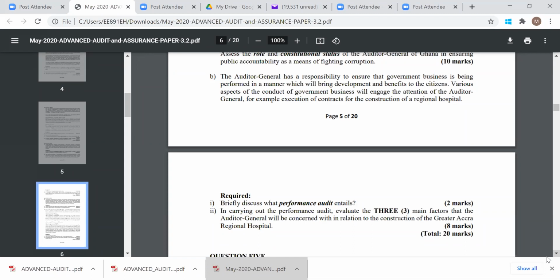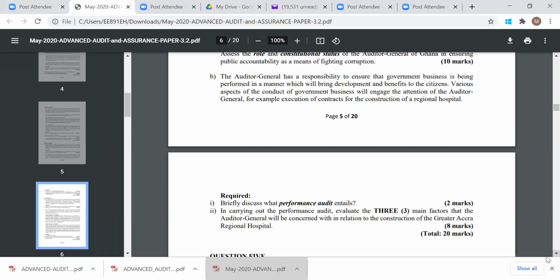Required: A. Briefly discuss what performance audit entails. B. In carrying out the performance audit, evaluate the three main factors that the Auditor General will be concerned with in relation to the construction of the Greater Accra Regional Hospital.